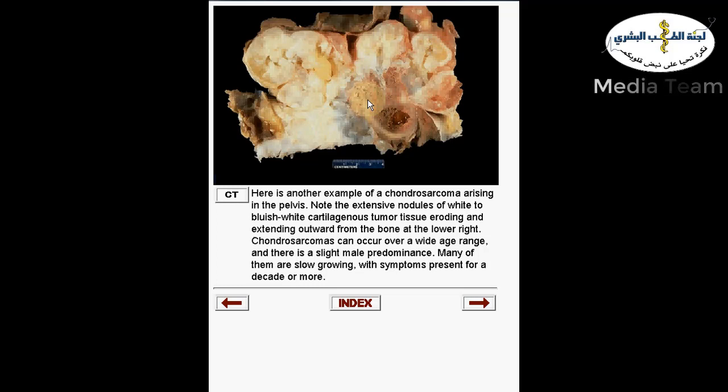Usually chondrosarcomas are slowly growing tumors, unlike osteosarcomas. So they may stay there for a while before they are discovered. And also, most of the time, they become de-differentiated from a well-differentiated chondrosarcoma. So we have well-differentiated chondrosarcomas, and we have de-differentiated ones.